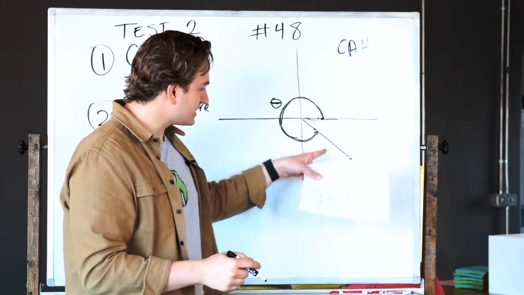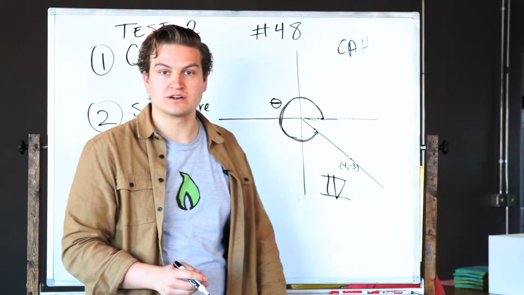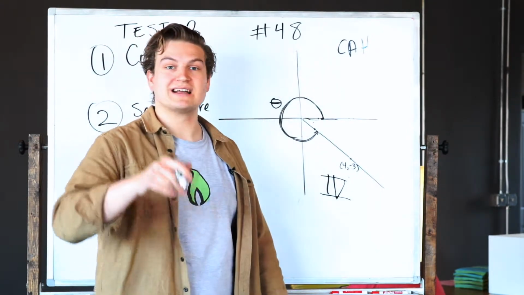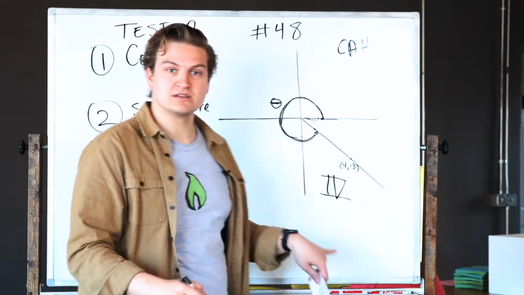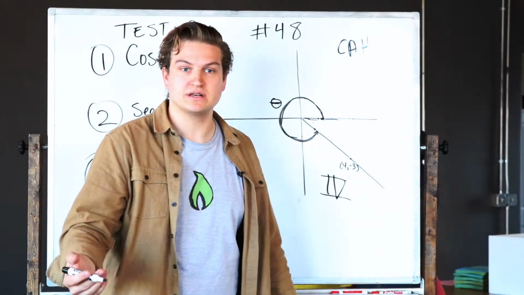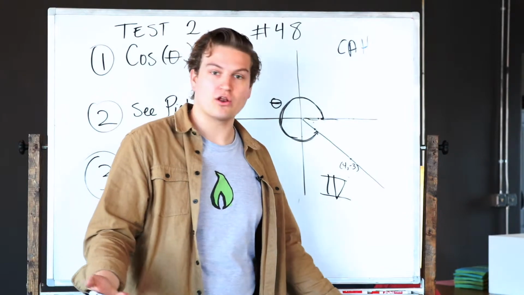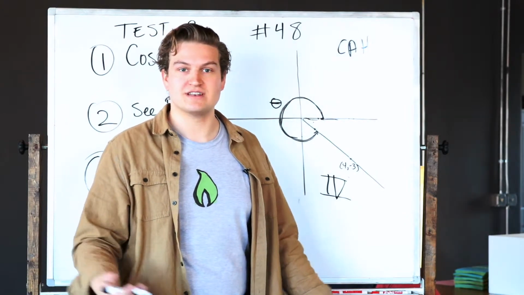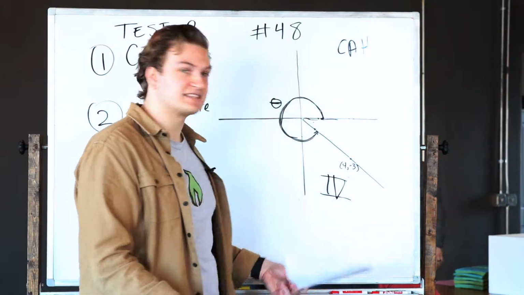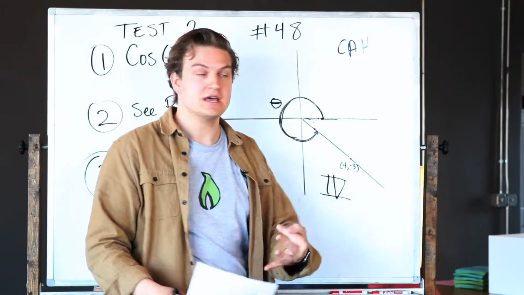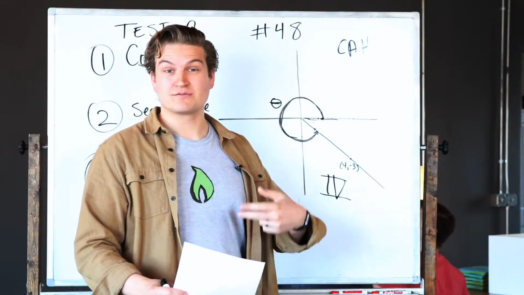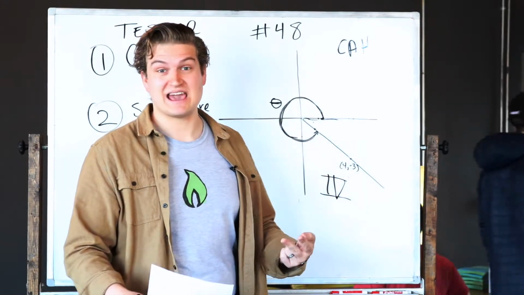And in the fourth quadrant, if our theta puts us in the fourth quadrant, cosine is always positive. So if cosine is always going to be positive in the fourth quadrant, what can we eliminate? We can eliminate all of our answer choices that are negative. We know cosine has to be positive in the fourth quadrant. So we can actually eliminate the first 3 answer choices just by knowing that. And now we're left with just J and K.